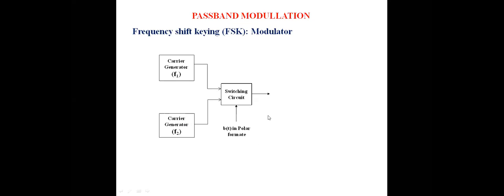Now let me illustrate the same function pictorially. So the switch circuit is having a connection. When a positive pulse is given, the switch is connected to the upper generator. So the output frequency is F1.